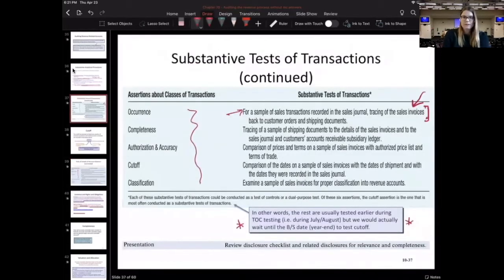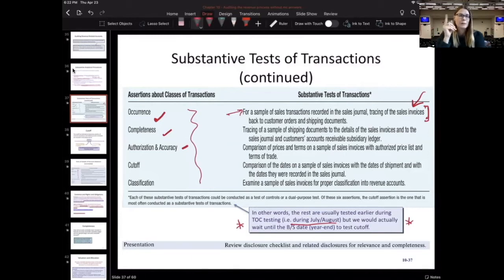So most of these things like revenue occurrence, completeness, authorization, I'm testing throughout the year when I do my TOC. And so I actually say down here, probably these assertions for revenue and for the income statement accounts associated with the revenue process are getting tested early on, in July and August, when you're doing your test of controls.